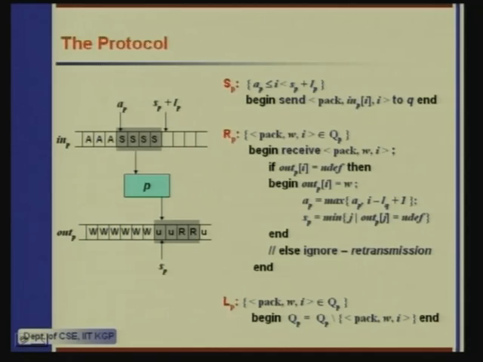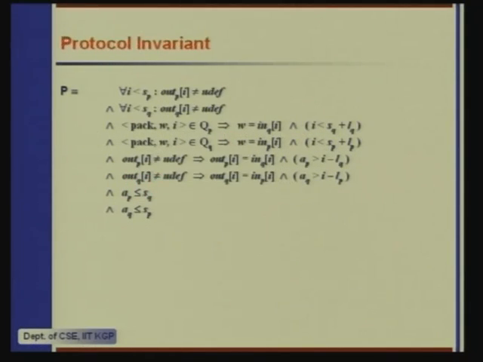Then we will show that if the protocol does not deadlock, then the packets will eventually start arriving and SP and SQ will keep on increasing. So, we will start proving these aspects of the protocol. We will start by looking at what is called a protocol invariant.